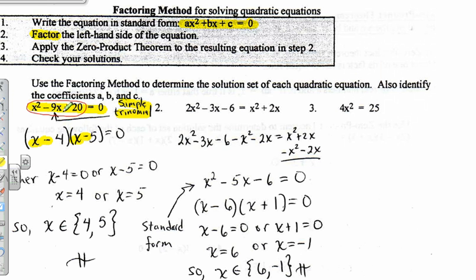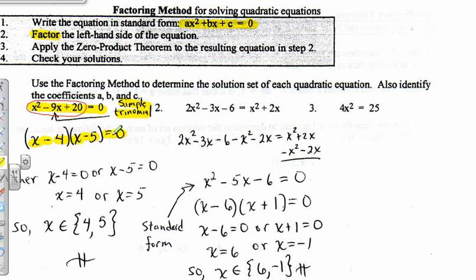So the game is to find two numbers that when you multiply together they give you 20 and they add up to 9. And the numbers, of course, are 4 and 5. So notice I factor the left-hand side. The right-hand side is just equals 0. So now I have x minus 4 times x minus 5 equals 0.